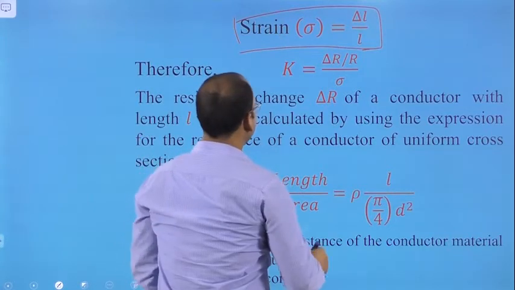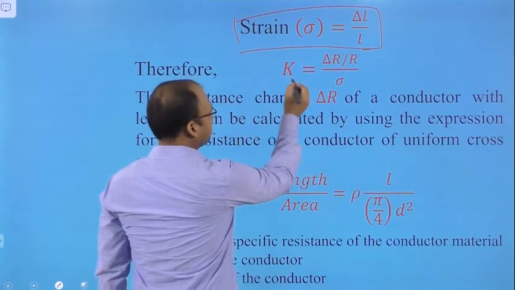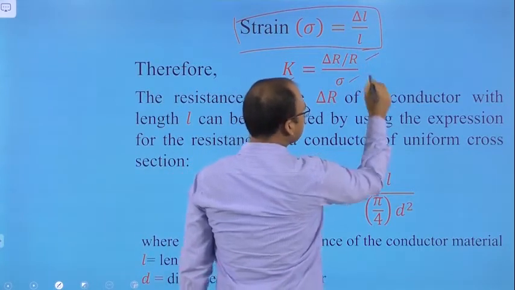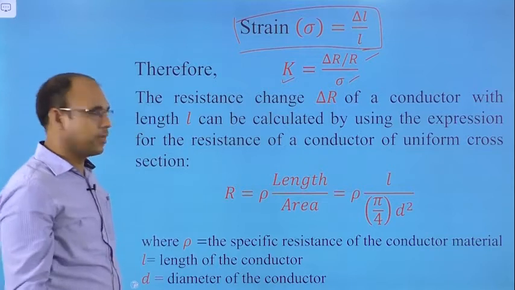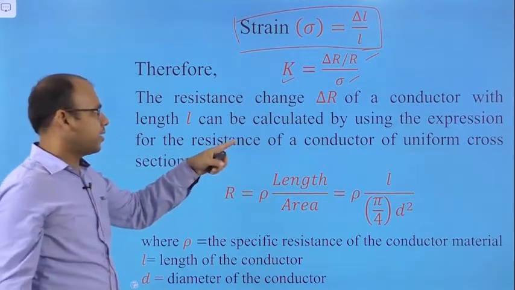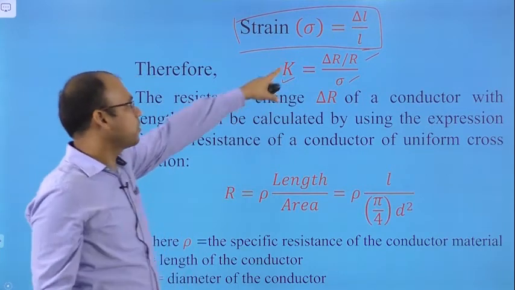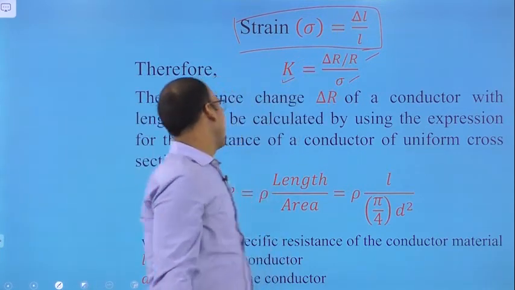So the gauge factor K becomes delta R by R divided by sigma, a strain. Strain is nothing but the change in length by L.